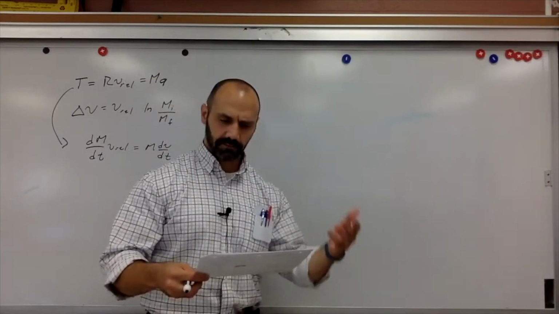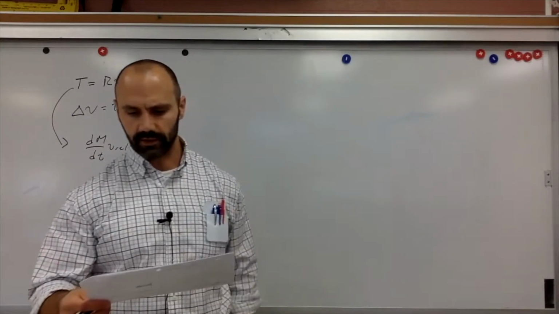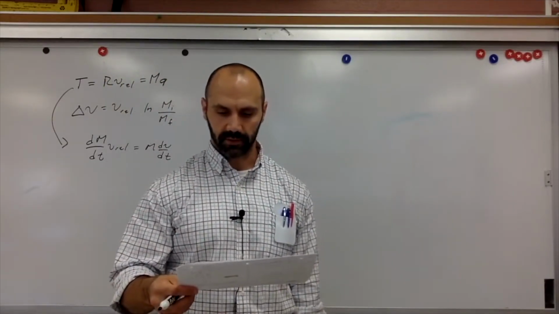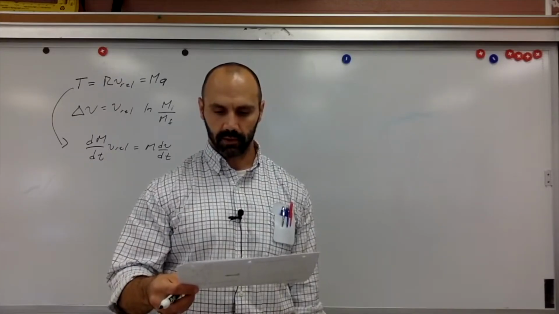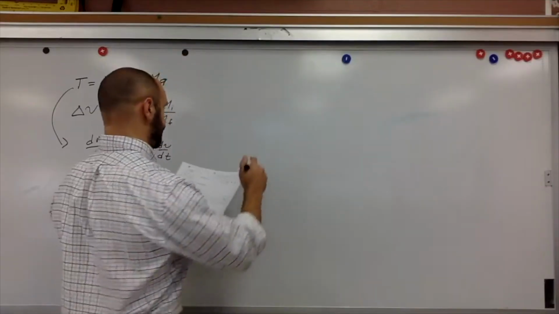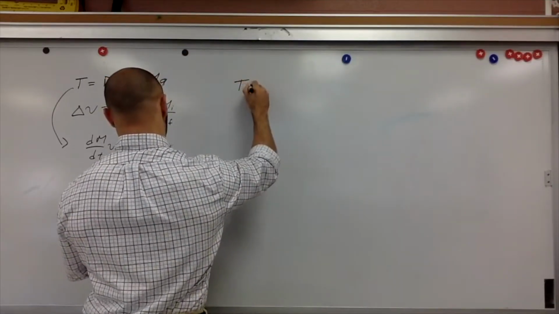The first one: the engines of a spacecraft provide a total thrust of 10 meganewtons. If the exhaust speed is 2.5 kilometers per second, at what rate is fuel being consumed? All right, so let's write out our quantities.